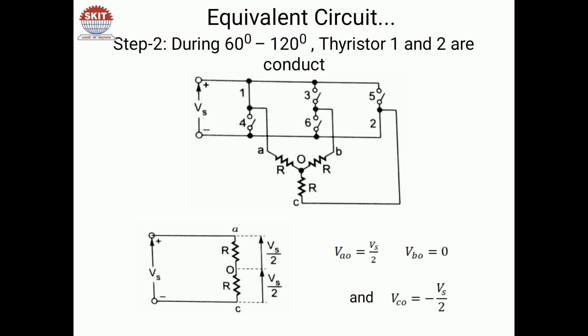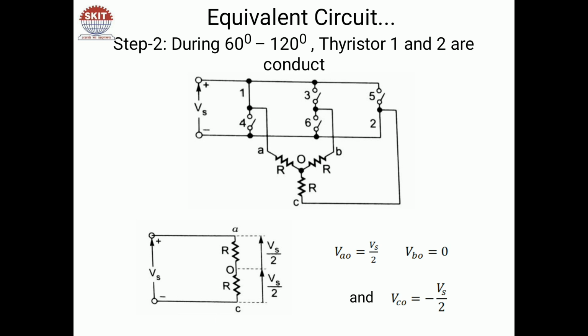Polarity of the voltage across the resistors: the upper side of the resistor is the positive terminal and the lower side of this resistor is the negative terminal, and for the voltage across the lower resistor, the upper side polarity is positive and the lower side is negative.